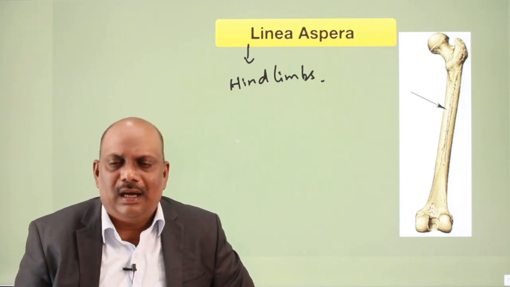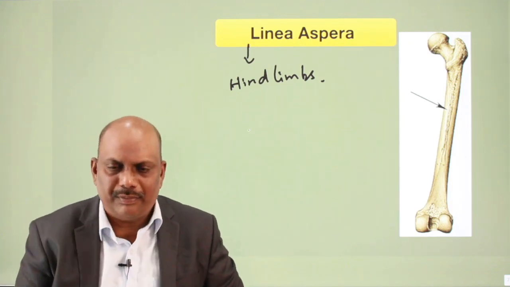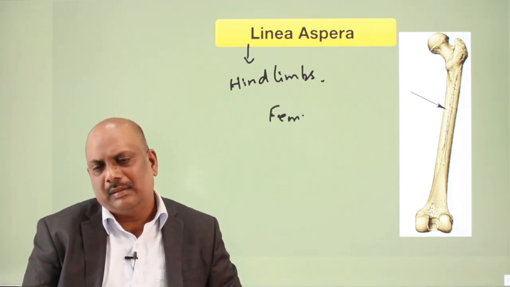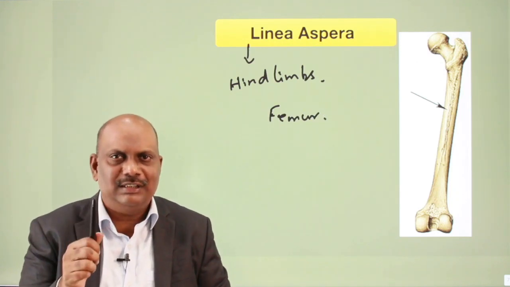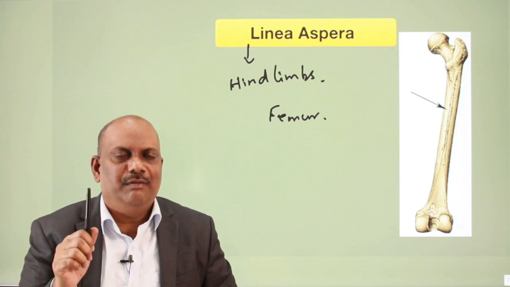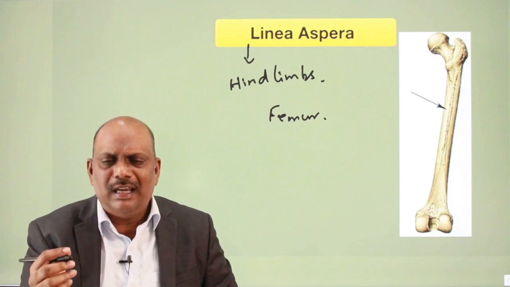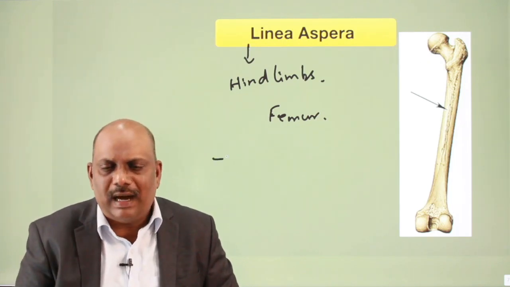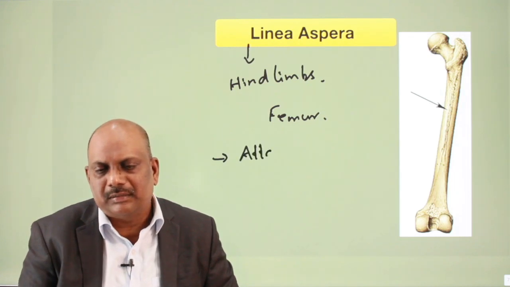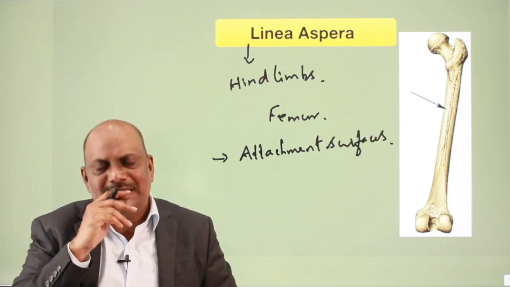This is a groove developed on the posterior side of the femur bone. The femur bone is there in the thigh region, you know this, and it is the largest bone of the human body. Fine. What is the need for the femur to develop these grooves? This actually provided attachment surfaces for the muscles in the thigh region.